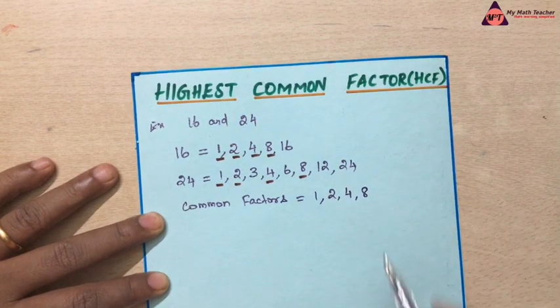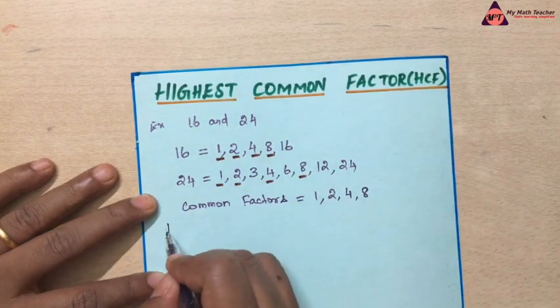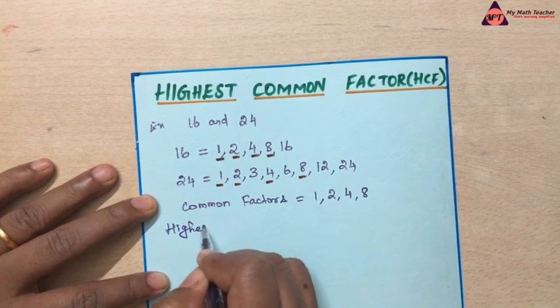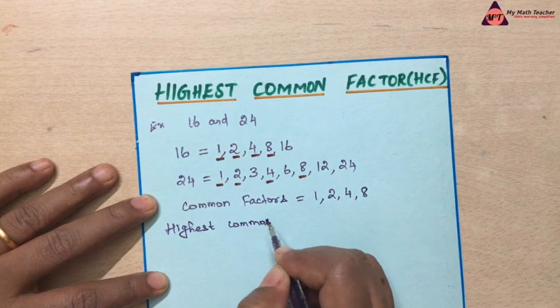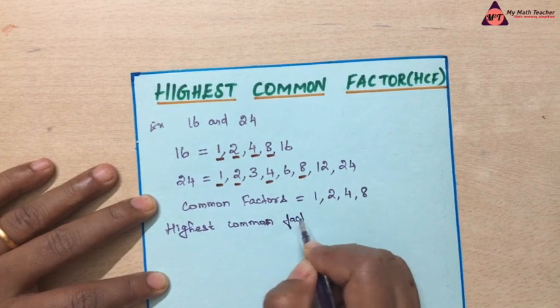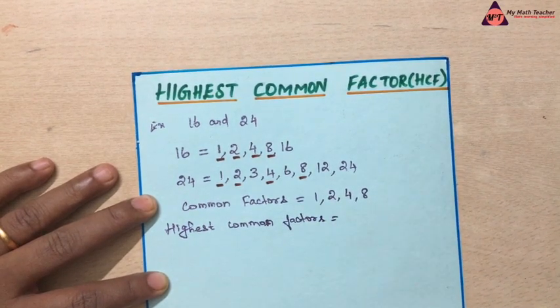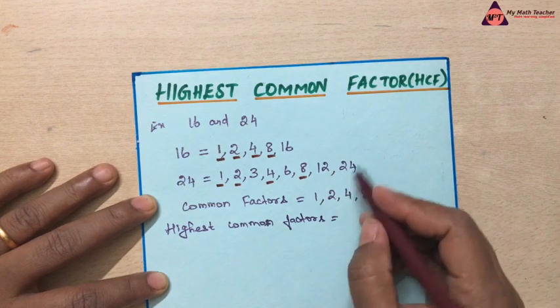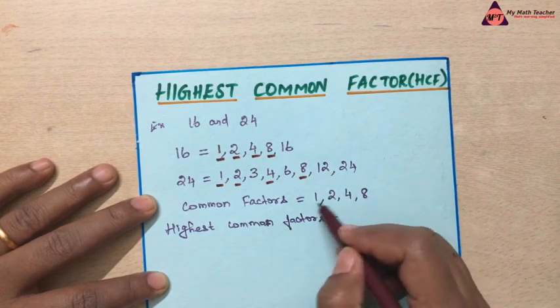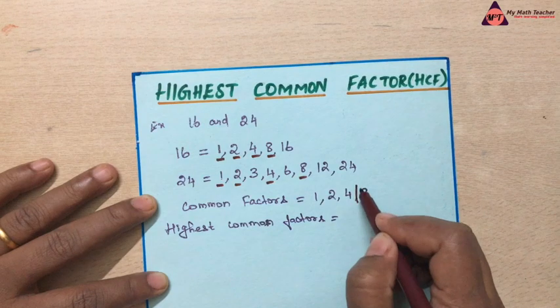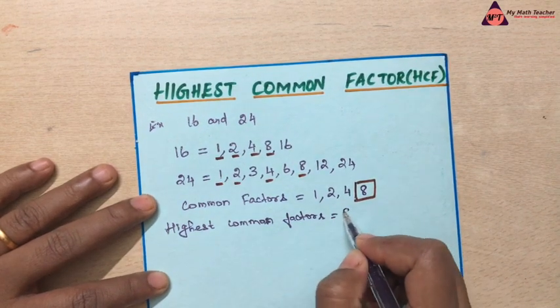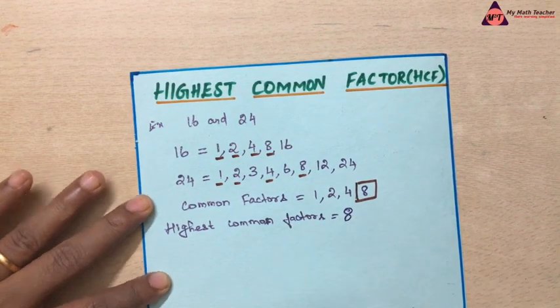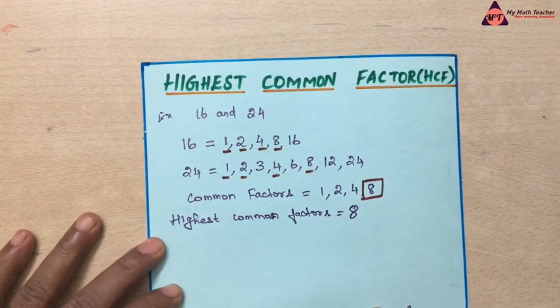Now the question is the highest common factor. Which one? The last one, because this is the highest number among these. So this is 8. This is what we have studied about HCF in the very early classes.